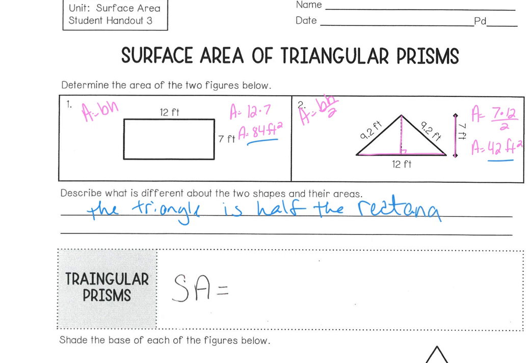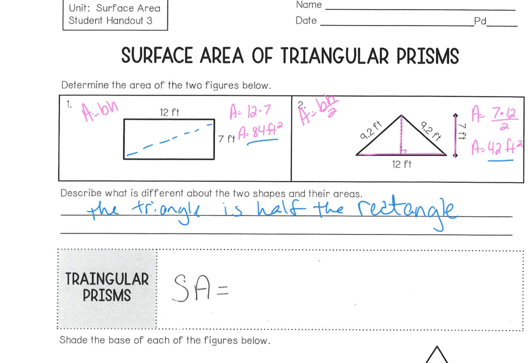And we've looked at this. If you're in my class, we've cut up a rectangle and we cut it in half, and we noticed that half that rectangle, the rectangle breaks into 2 equal triangles there. So that's where you get that half.